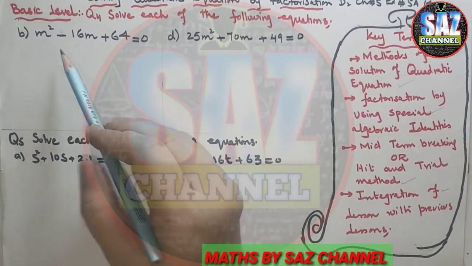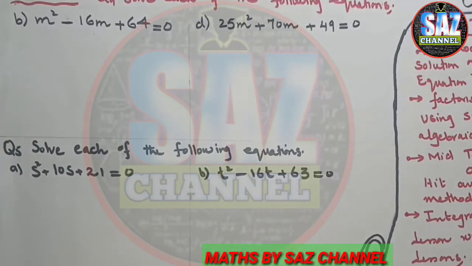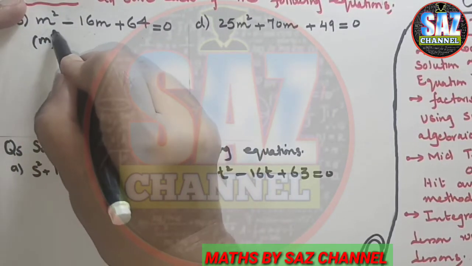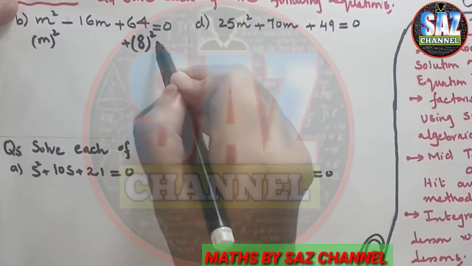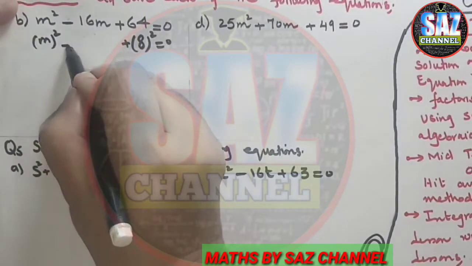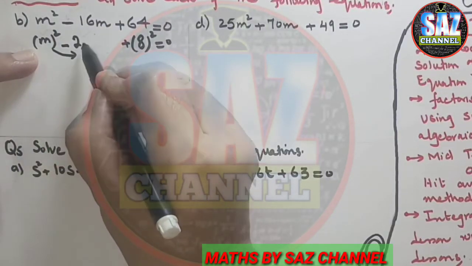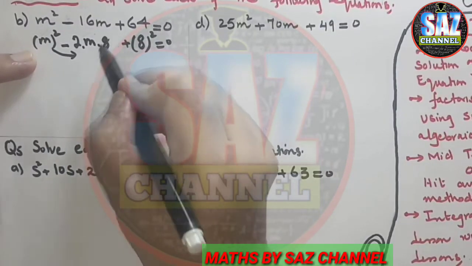The first part is m square minus 16m plus 64. Think about the number whose square is 64, that is m whole square plus 8 square equals to 0, and at the middle place I have to write 2ab, where a is from the first part and b is 8.